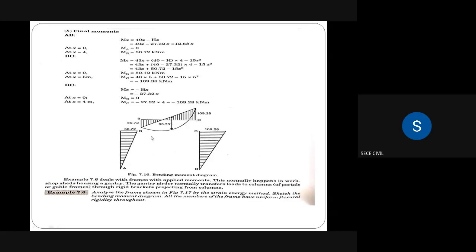In span BC, moment at point B, we are getting as 50.72, plus value. In point C, moment at point C minus 109.28. So they wrote above the span BC minus 109.28, and draw the simply supported bending moment diagram also, 93.75 in parabolic, 93.75 kilonewton meter because of UDL.